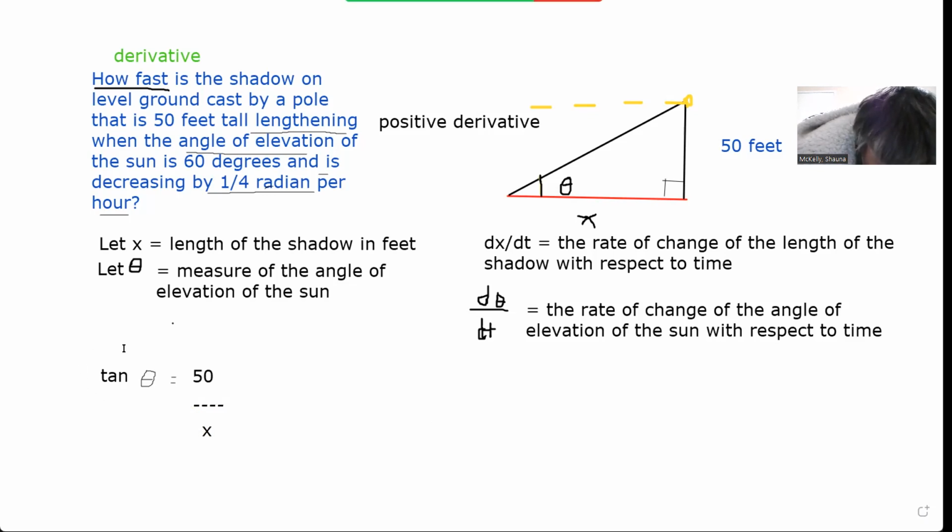But here's our equation. Remember that the next thing we do, we've drawn the picture, we've stated the variables, we've gotten the equation. The next thing we have to do is differentiate implicitly. Let's do that on the next whiteboard here.